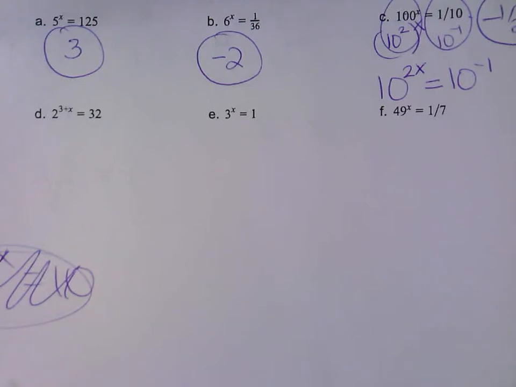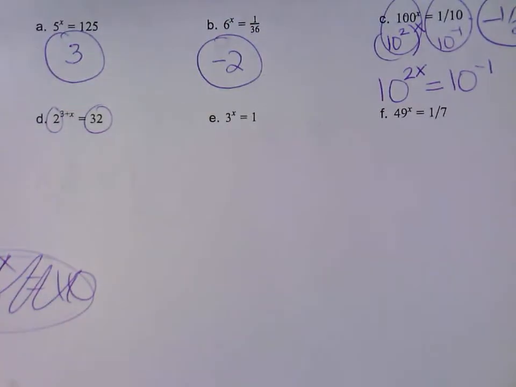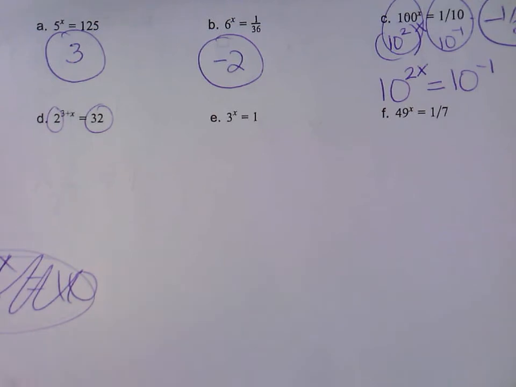So kind of the same thing on part D. If you want to make these bases the same as each other, 32 is what power of 2? So you can go back to your power families, or you could just count up on your fingers. 2 times 2 is 4, times 2 is 8, times 2 is 16, times 2 is 32, so it's 2 to the 5th.